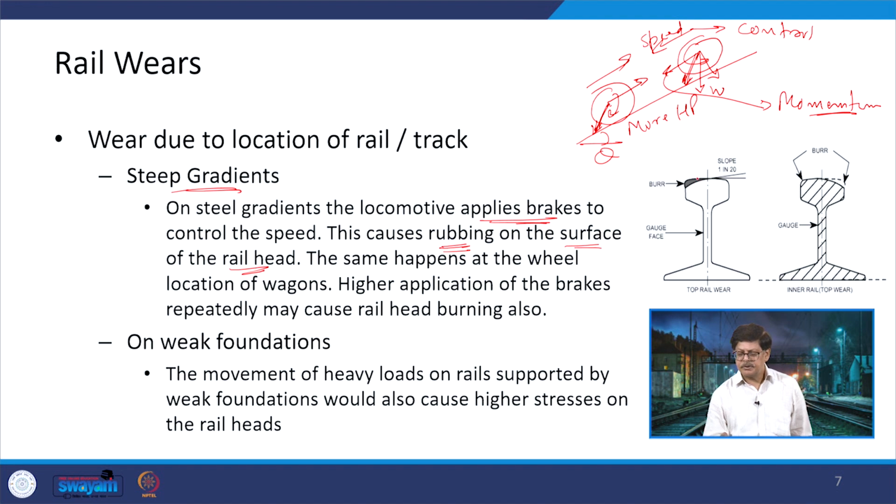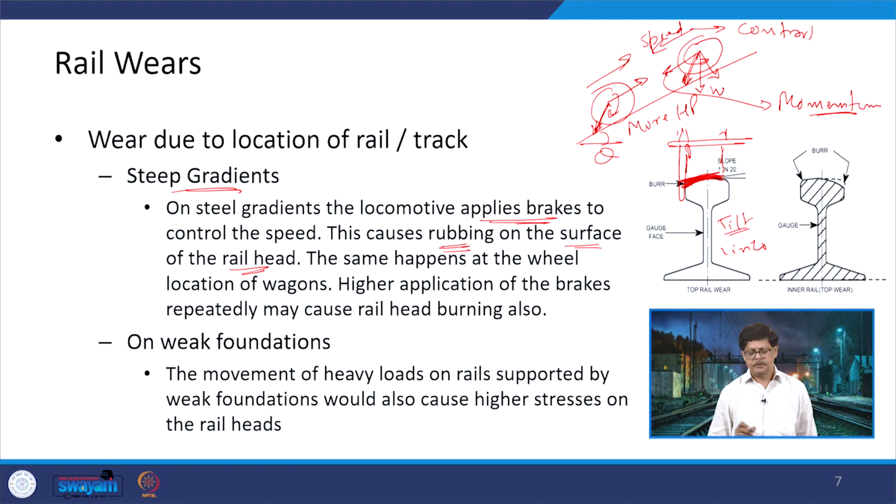So, at the top there will be a constant rubbing, and because you are talking about the gauge face and the wheel being aligned in this form, and because we have also given a tilt to the rail of 1 in 20, this section will keep getting rubbed, and the same happens at the wheel location of wagons.